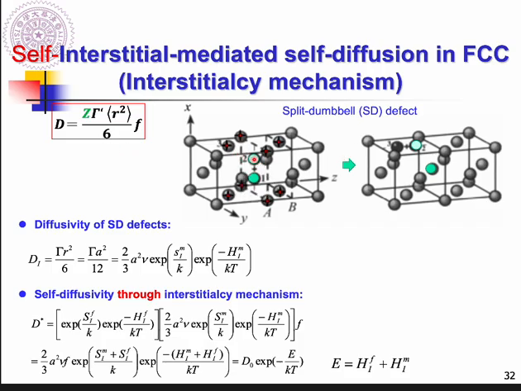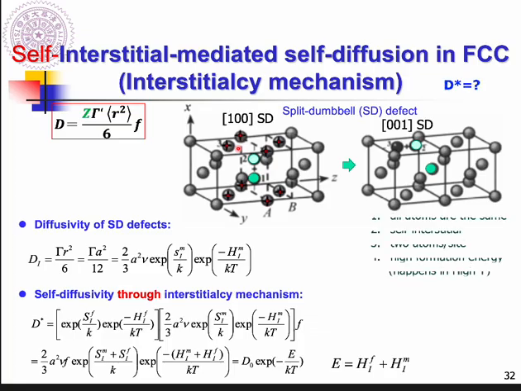Here the possible jumping directions for this pair will be 1, 2, 3, 4, 1, 2, 3, 4. So it will be 8, and the distance here is the distance between this and this, that is a point. So it'll be 8 divided by square root of 2.